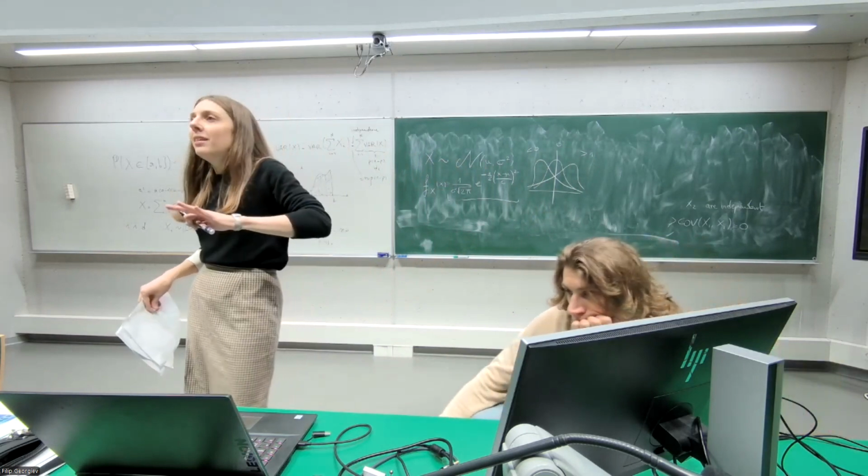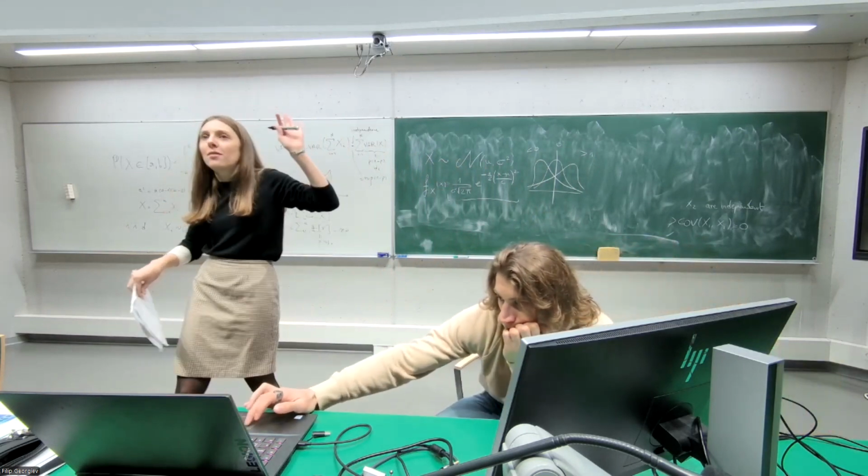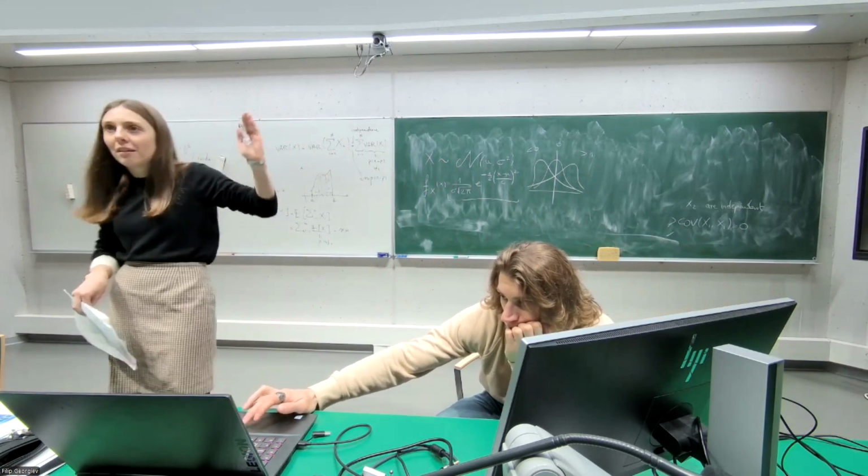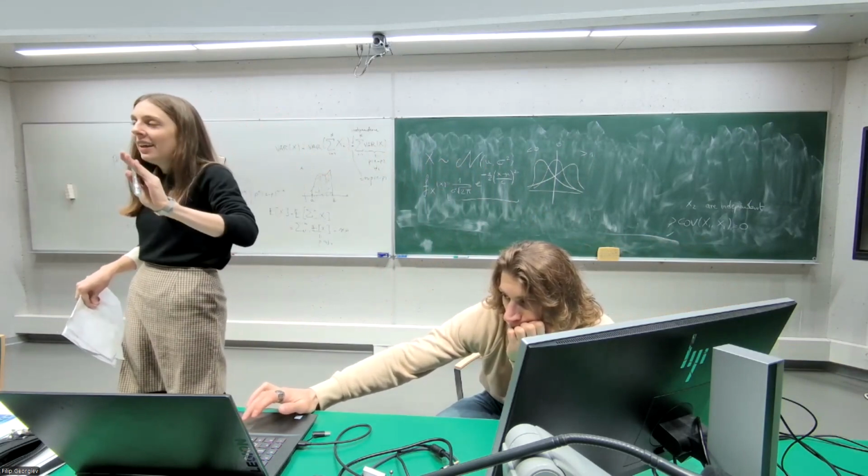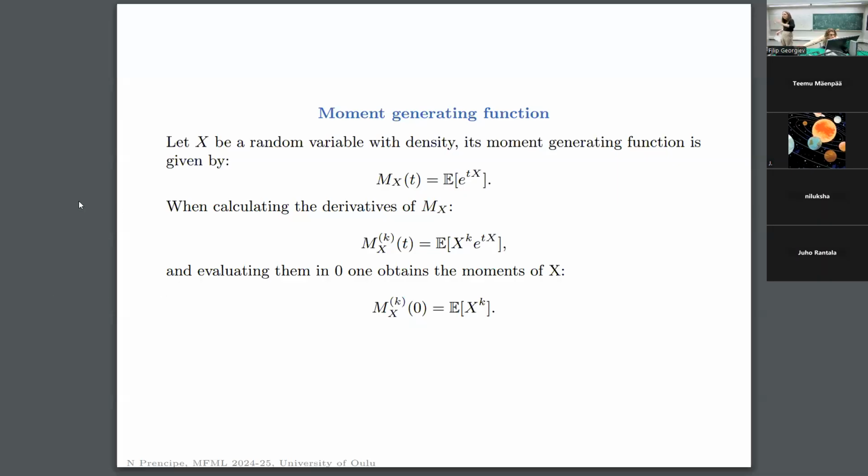But before that, I need to introduce this function that is called the moment generating function. It is a function of the variable t, such that if I calculate its derivatives and I put 0 instead of t, if I do one derivative, I will obtain the first moment.